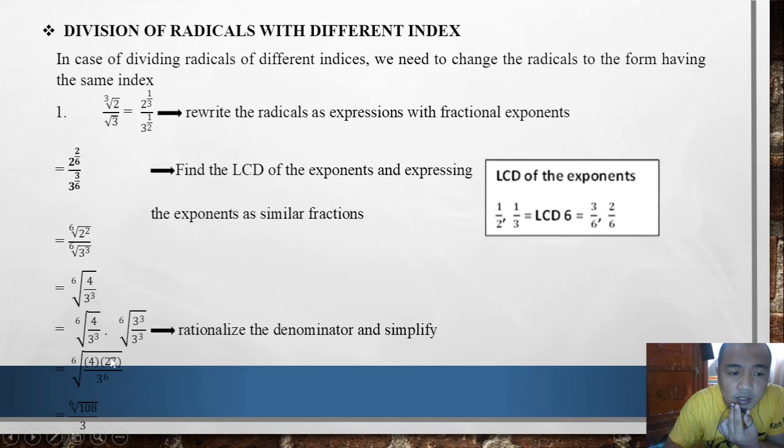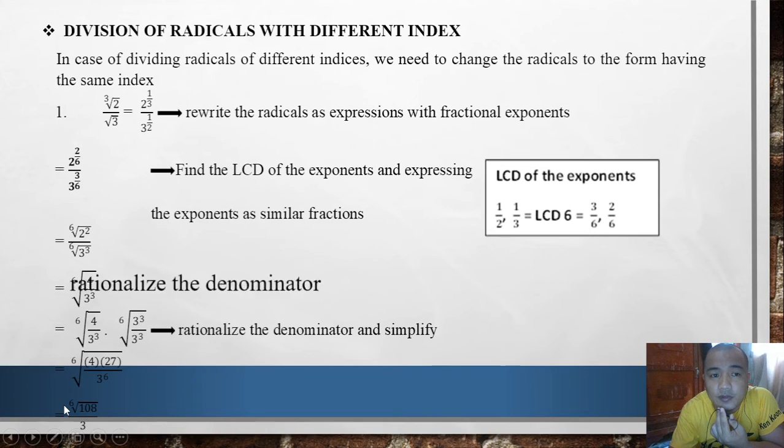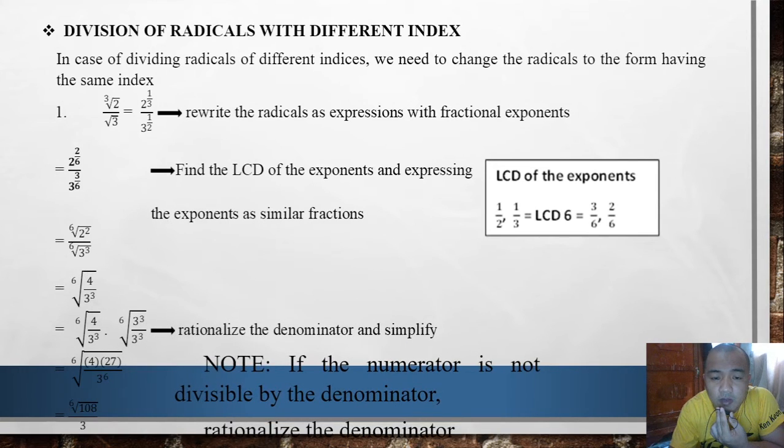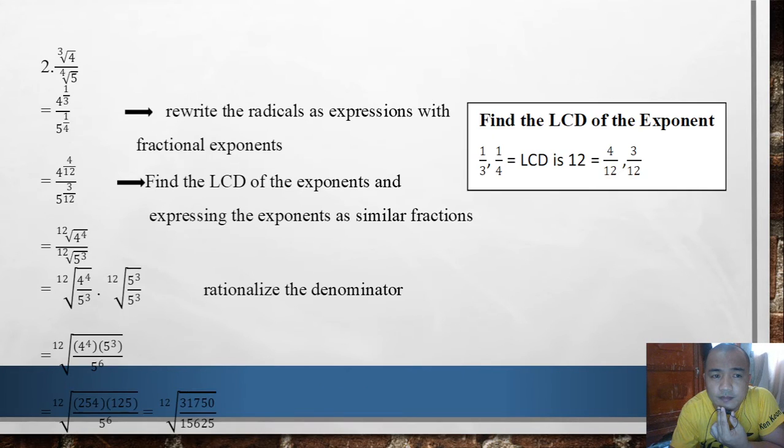So 4 times 27 is 108. 6 root of 3 to the 6 is 3. So the final answer is 6 root of 108 over 3. Okay, correct. So note, if the numerator is not divisible by the denominator, rationalize the denominator.